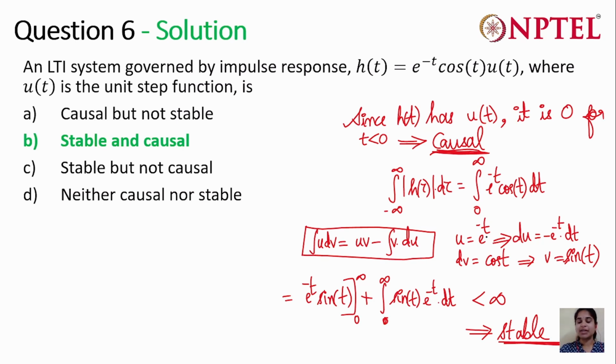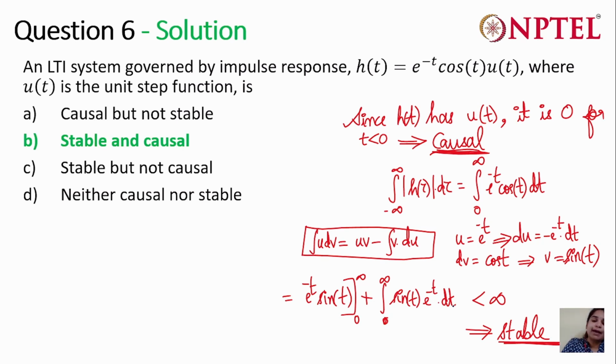Instead of e power t, we have e power minus t, so du will be minus e power minus t, and dv is the same. If I solve this integration, I get e power minus t into sine of t, with limits from 0 to infinity, plus the integral from 0 to infinity of sine t into e power minus t dt.